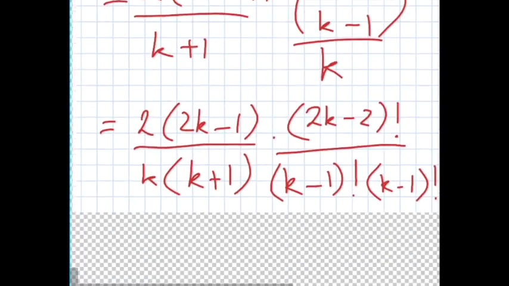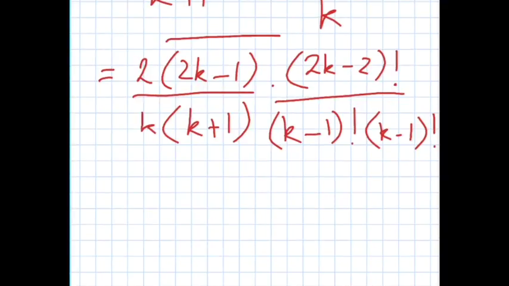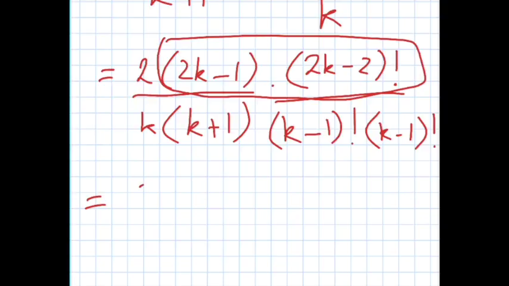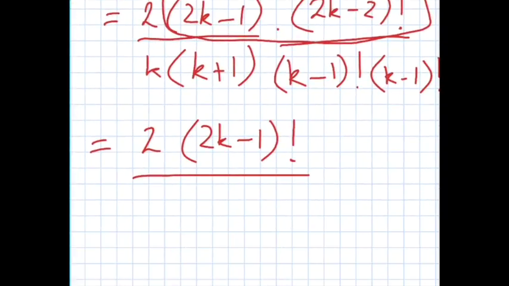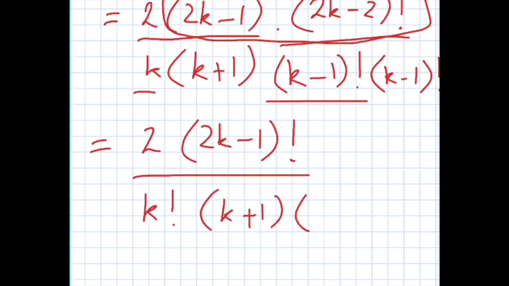So then let me combine these two terms. If I combine them, I will get 2 times 2k minus 1 factorial divided by, now can I combine k and k minus 1 factorial? Of course I can. So I can say k factorial times k plus 1 times k minus 1 factorial.